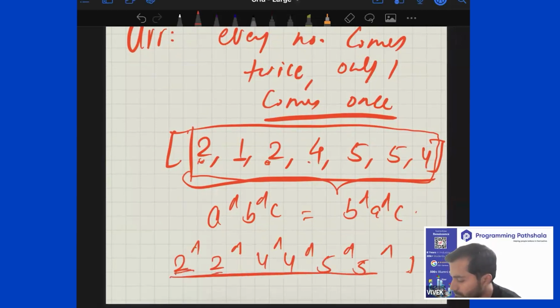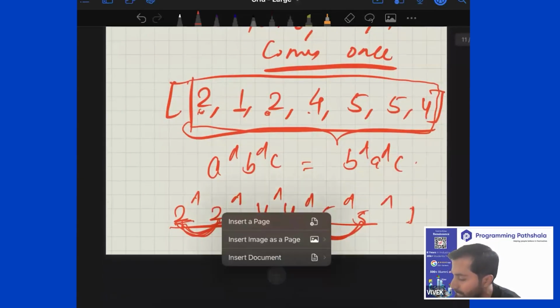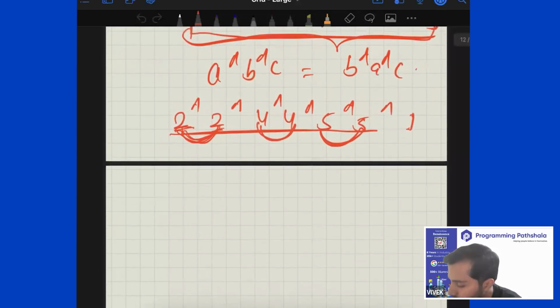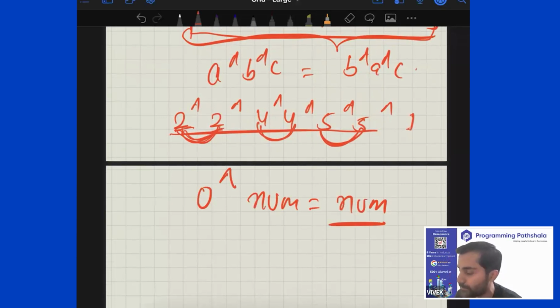Because 2 XOR 2, I mean, similar numbers taken XOR will be 0. This will be 0. This will be 0. And if you take the XOR of 0 with any number, the result is that number. This is pretty simple to understand. Because let's say the number has a representation of this, and you're taking its XOR with 0.